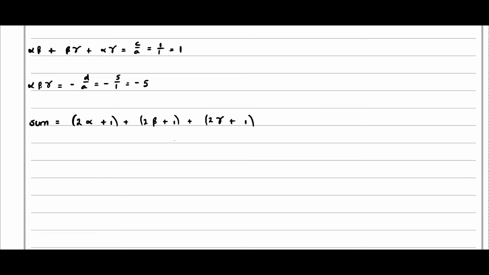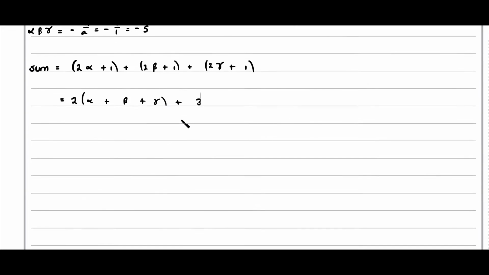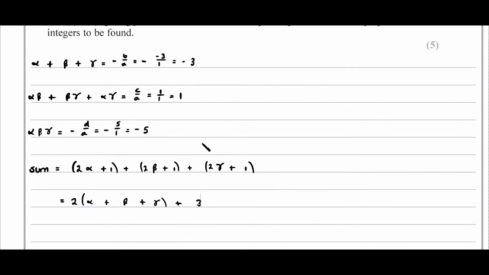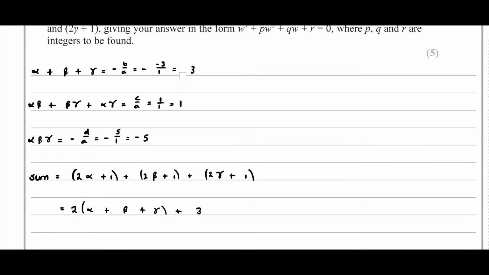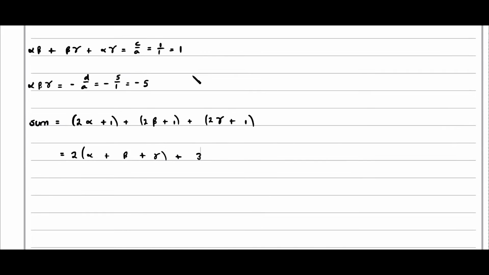We can simplify this as 2 lots of alpha plus beta plus gamma plus 3. Alpha plus beta plus gamma, we said that was minus 3. Sorry, that's equal to 3. So we have 2 lots of 3 plus 3, which is 9.